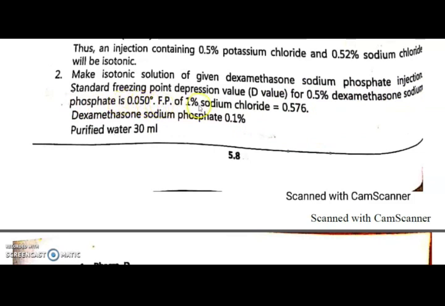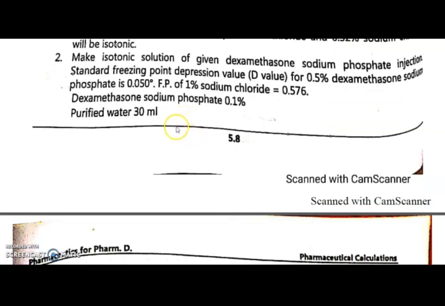And freezing point of 1% sodium chloride is 0.576 as given. The formula given in the example is dexamethasone sodium phosphate 0.1% and purified water 30 ml. This formula is used for preparation of dexamethasone sodium phosphate injection.